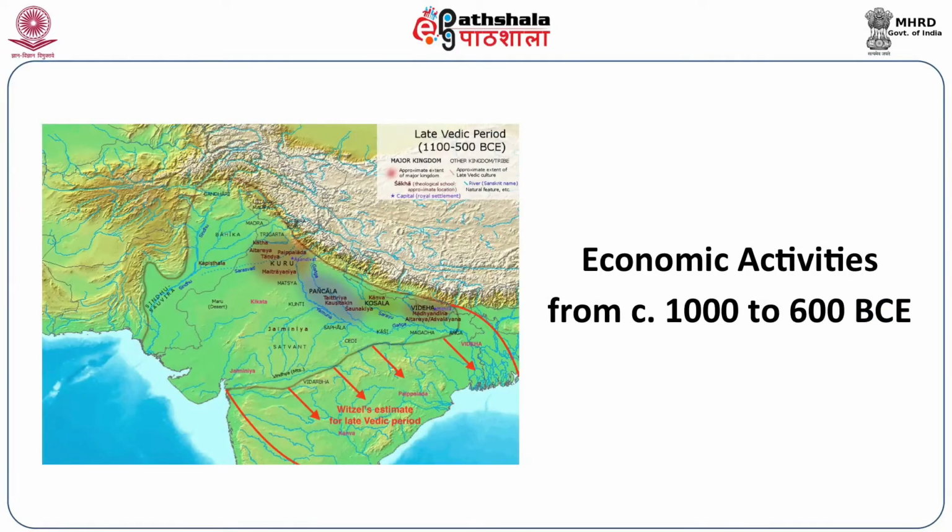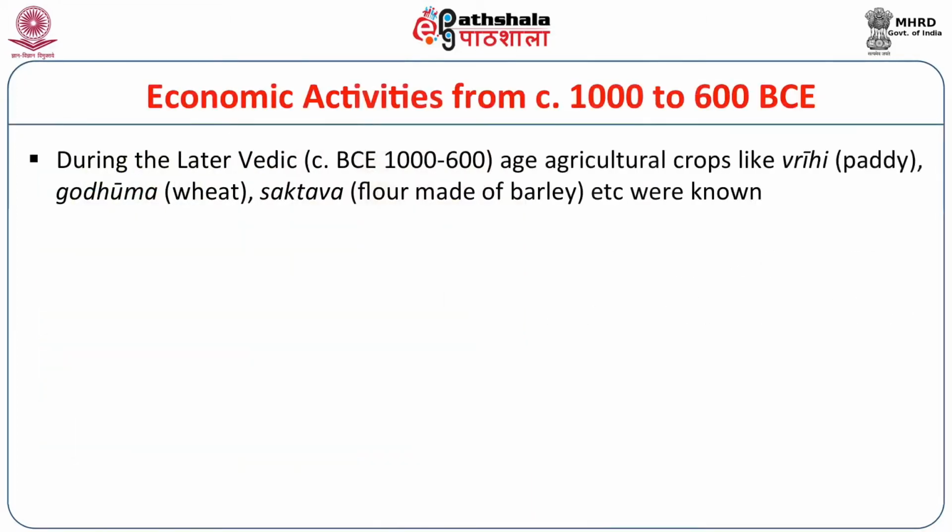Now, after 1000 BCE up to 600 BCE, what do we get regarding their economic activities? We get the later Vedic period. During this period, agricultural crops like vrihi, that is paddy, godhuma, wheat, and saktavo, flour made of barley, etc. were known.